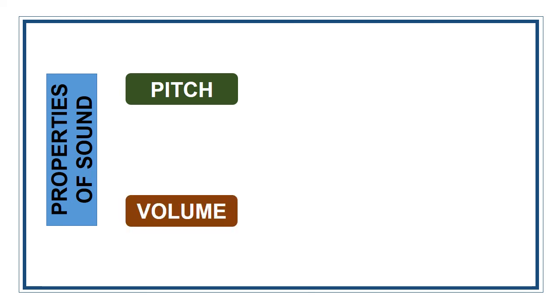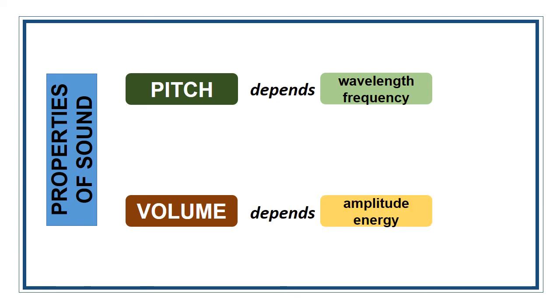To sum up what we have learned today, here is a mind map or a concept map. So we talk about today about the two properties of sound. And these two properties are pitch and volume. The pitch of the sound depends on the wavelength or the frequency, while the volume of the sound depends on the amplitude or the amount of energy the sound has.